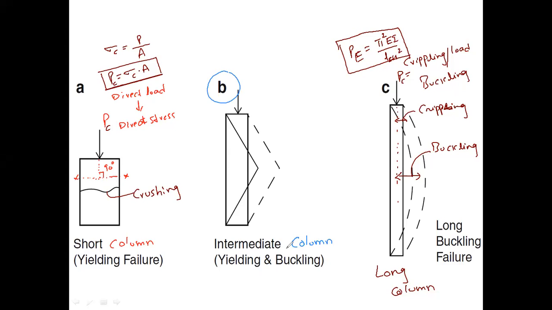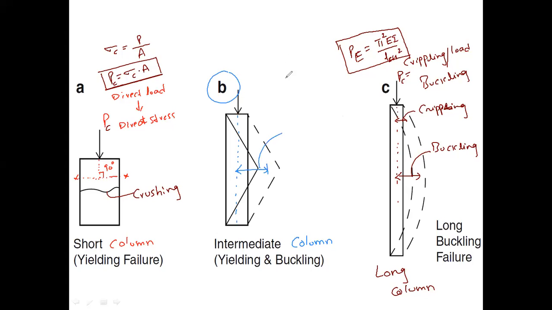Understand? Intermediate column. What do you mean by intermediate column? Intermediate columns are the columns which won't be short, which won't be long, which will be in between short columns and long columns. So the columns which are in between short columns and long columns are called intermediate columns. Then what happens to intermediate columns? Intermediate columns will fail under two conditions.